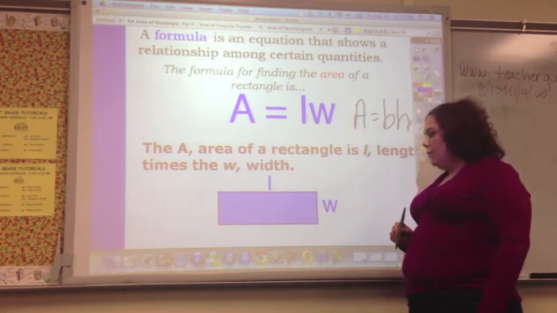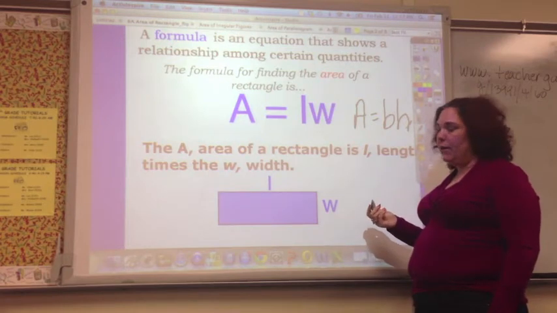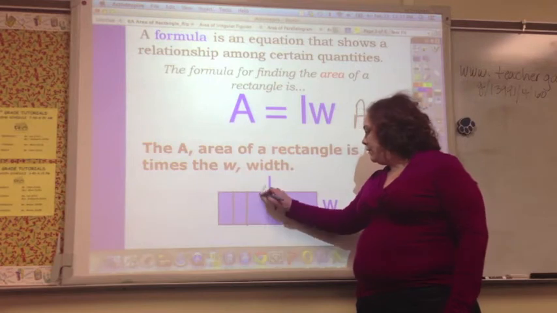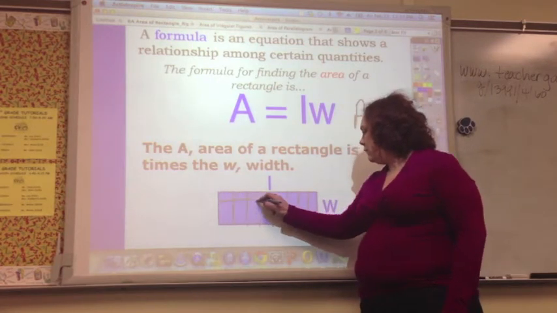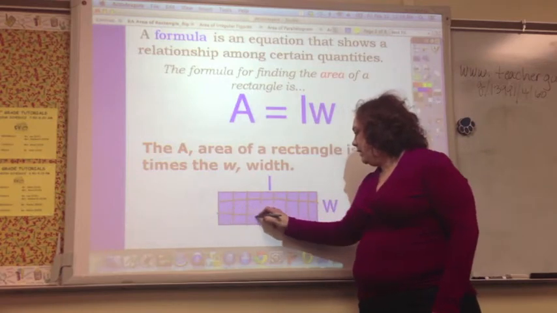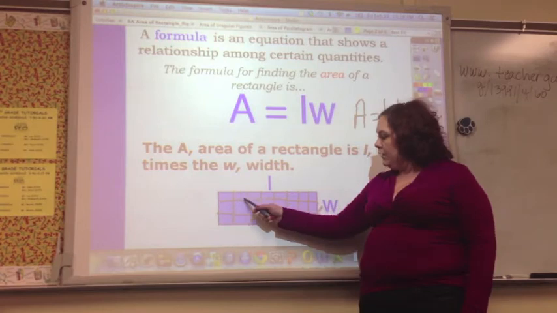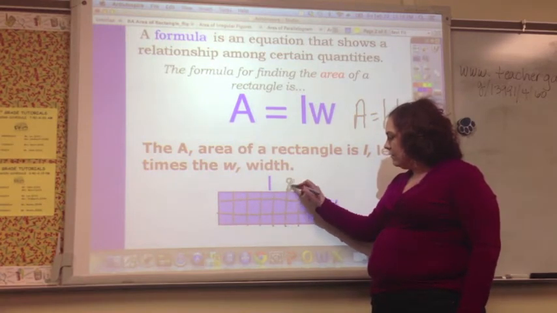And if you were looking at this and say it was in square inches, and you separated these out, and let's pretend all of those are the same, and it's all very straight. So this would be 1, 2, 3, 4, 5, 6, 7, 8 inches.